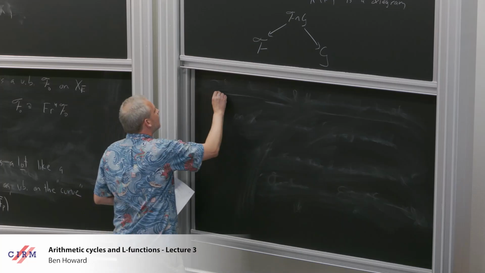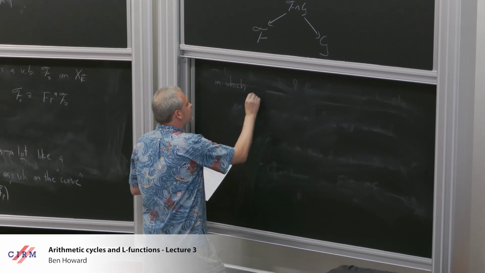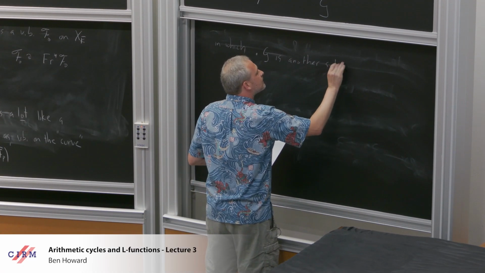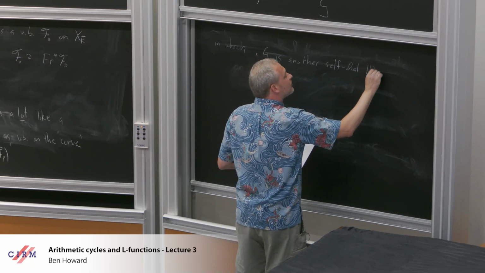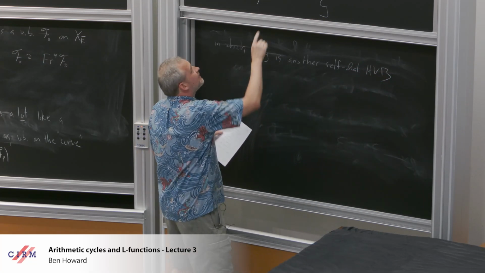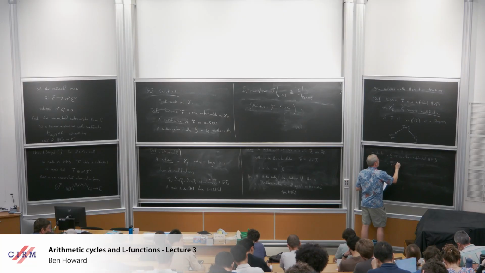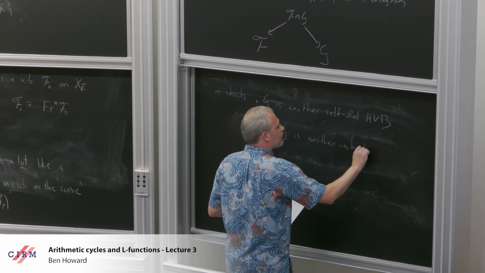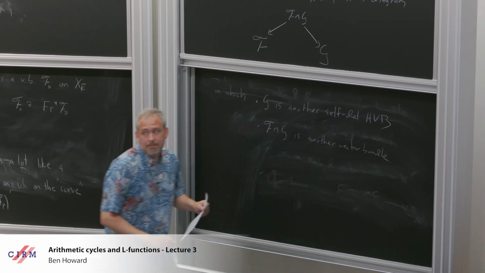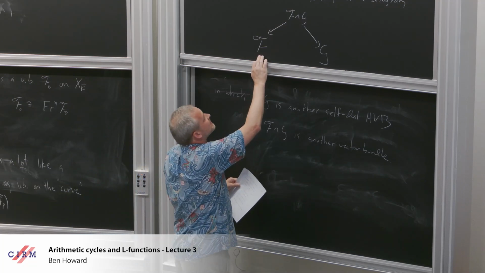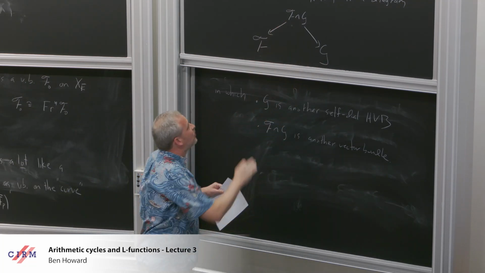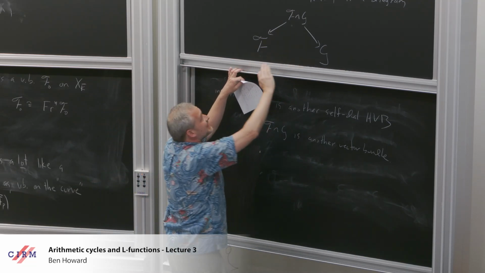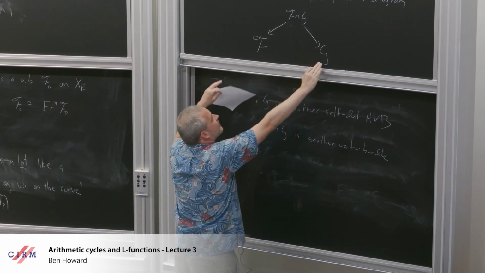So in which G is another self-dual Hermitian vector bundle, and F intersect G, this is, if you like, just notation. It's another vector bundle. So my simple modification of F is going to be two more vector bundles related by a diagram like this. And simple means that I'm changing it as little as possible while ending up at another self-dual thing.